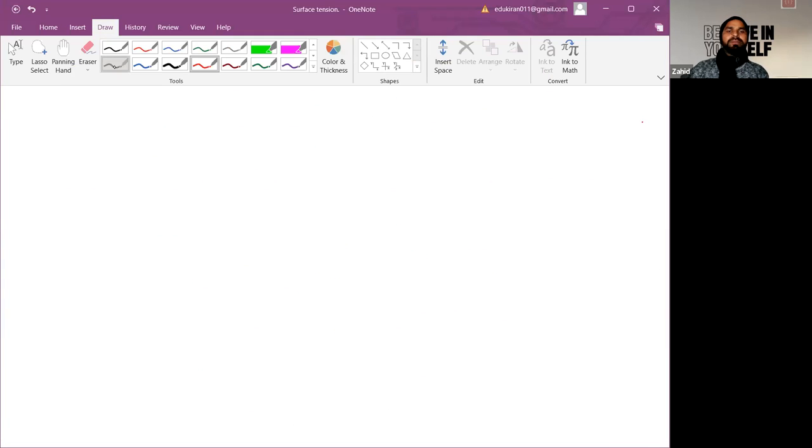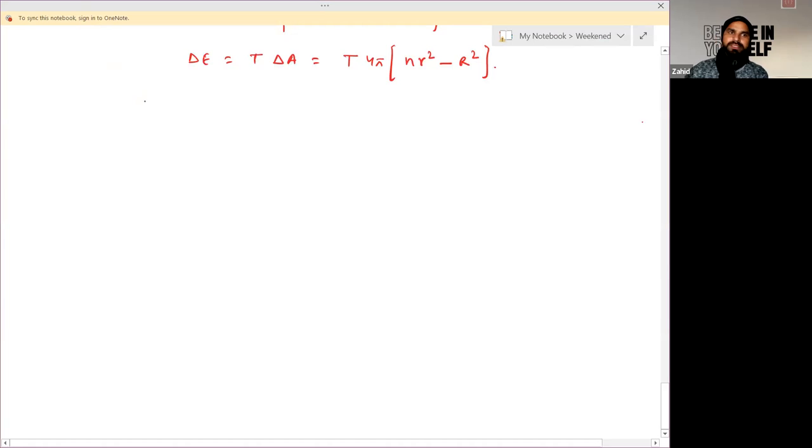Now the next question will be about pressure difference, which may be called excess pressure. Suppose you have a surface like this.